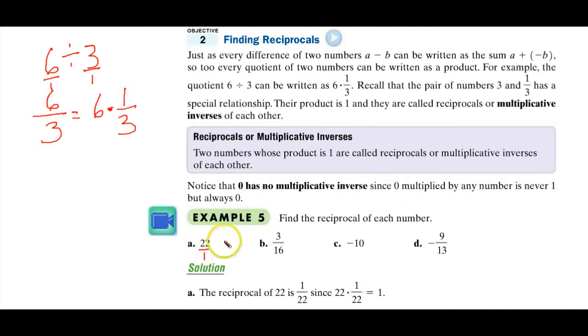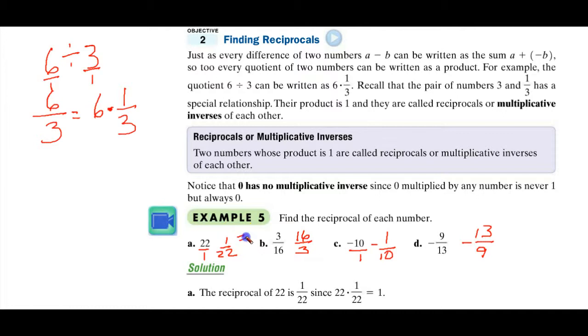Well, it's over 1, so it'd be 1 over 22. This is going to be 16 over 3. Now remember, it's a negative 1 over 10, and this is a negative 13 over 9. We're just basically flipping this, and it's the same sign.